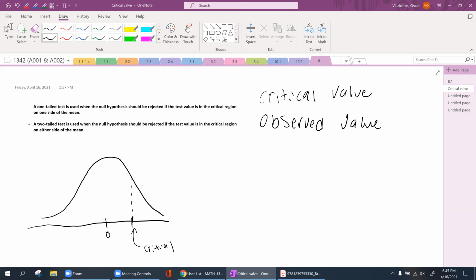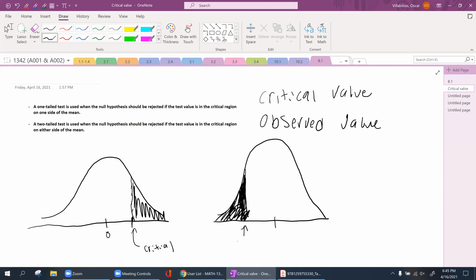You mark that it's either going to be on the right of the graph, and you're going to shade everything leading to the closest tail, or you may get something like this for a one-tailed test. You're going to get a z value and shade it, maybe somewhere like right there, and this is your critical value.